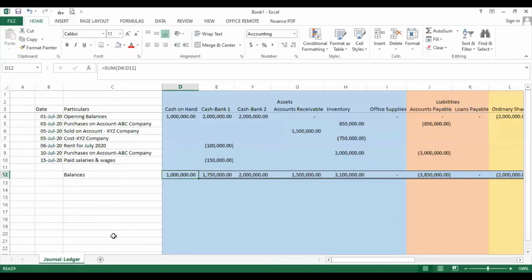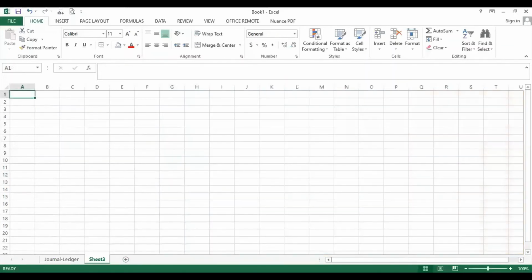So let's create a new sheet. Again, to rename, just double click and let's name this income statement. Of course, our income statement has names.